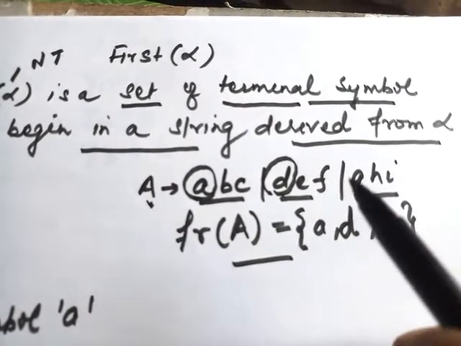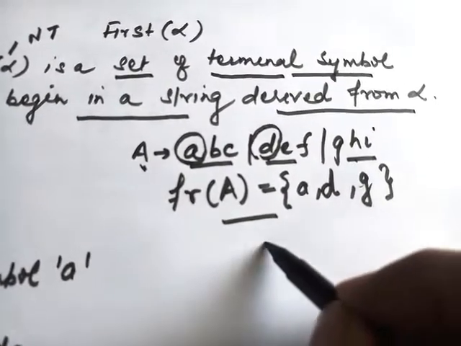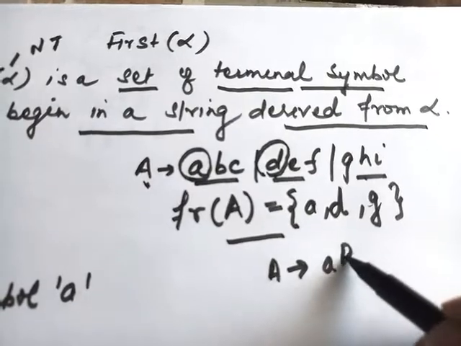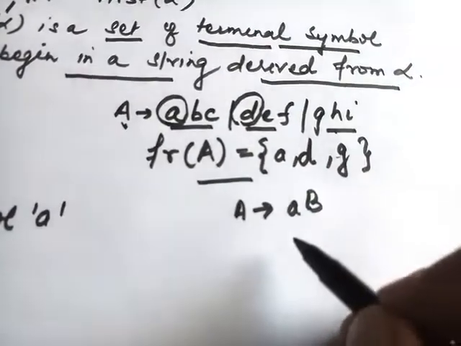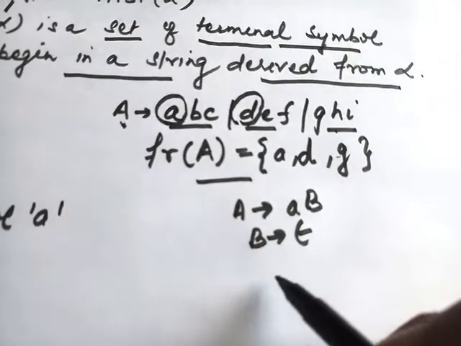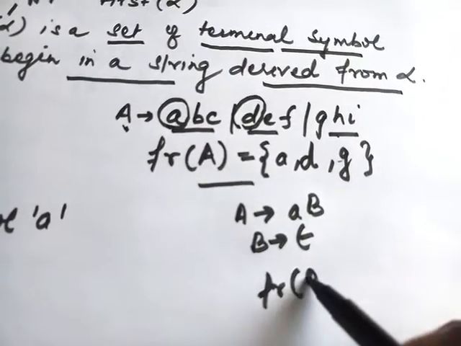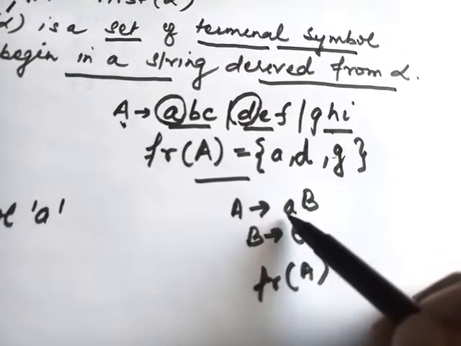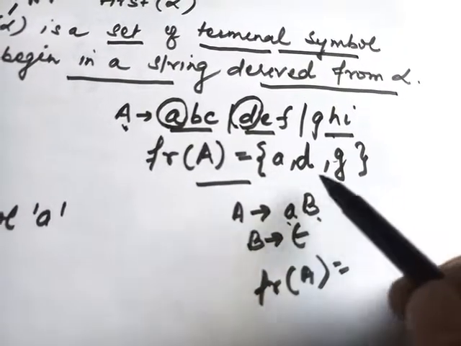It has some set of rules also. For example, we'll take another example. A generates aB, and B generates epsilon. So what is first of A? First of A is, see what A generates: small a, capital B. This is the string.